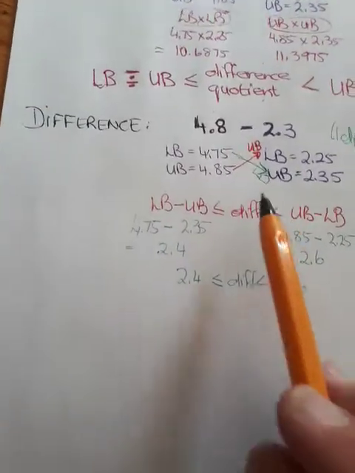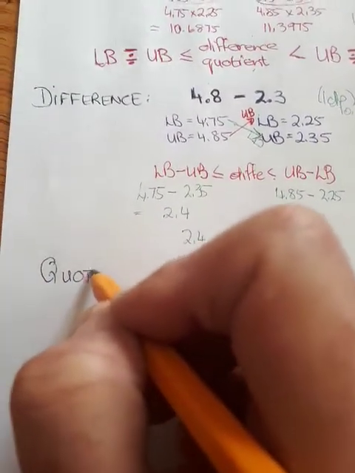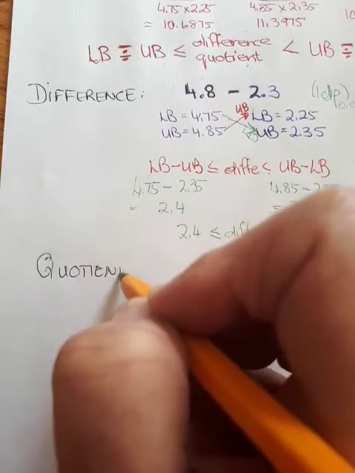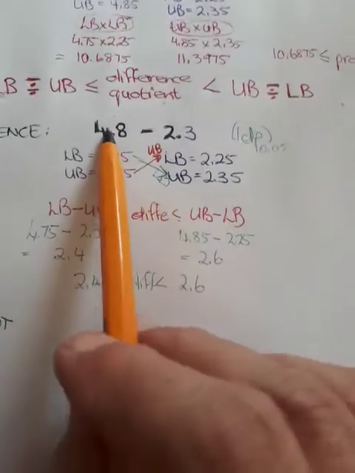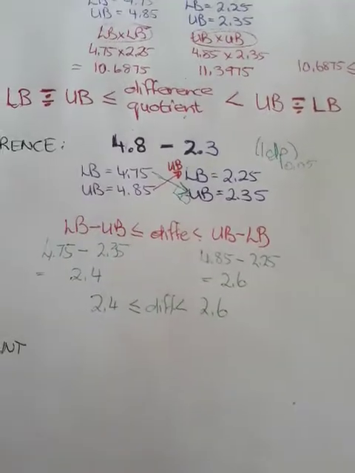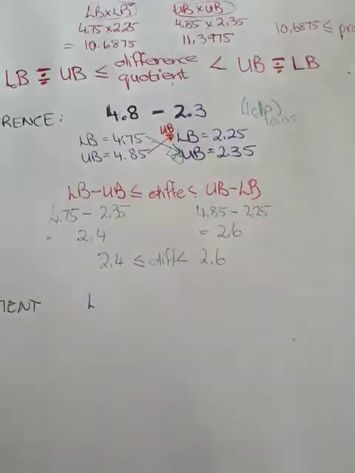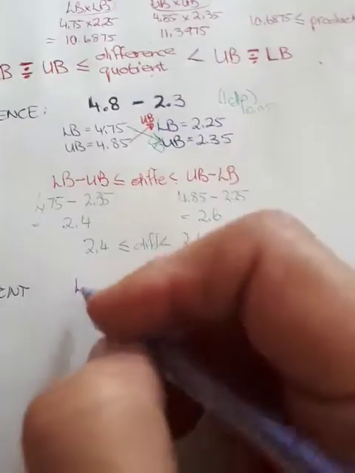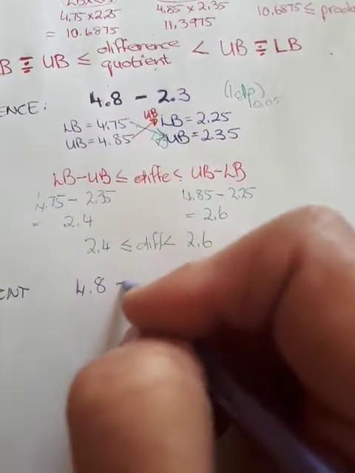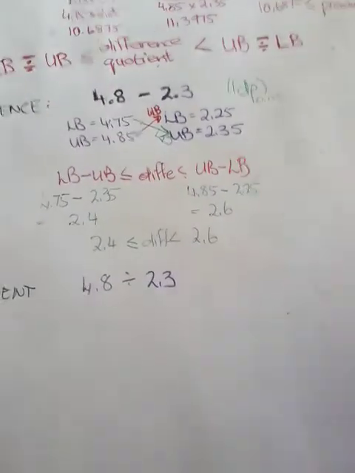We can now use the same numbers for working out the quotient, which is division. We've got 4.8 and 2.3. I'm going to write them down neatly underneath each other: 4.8 divided by 2.3.